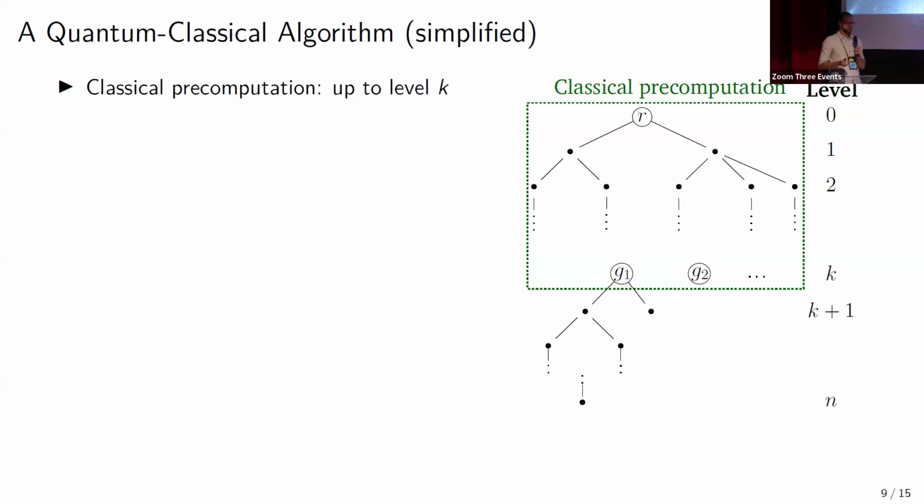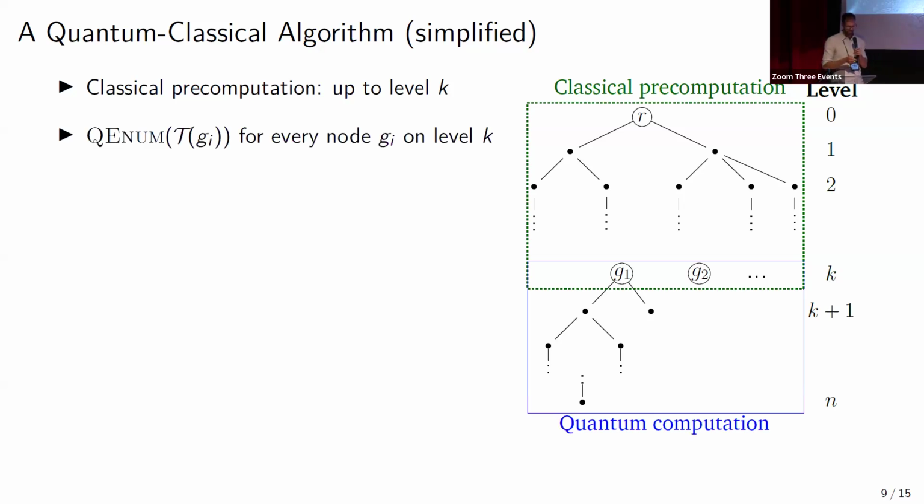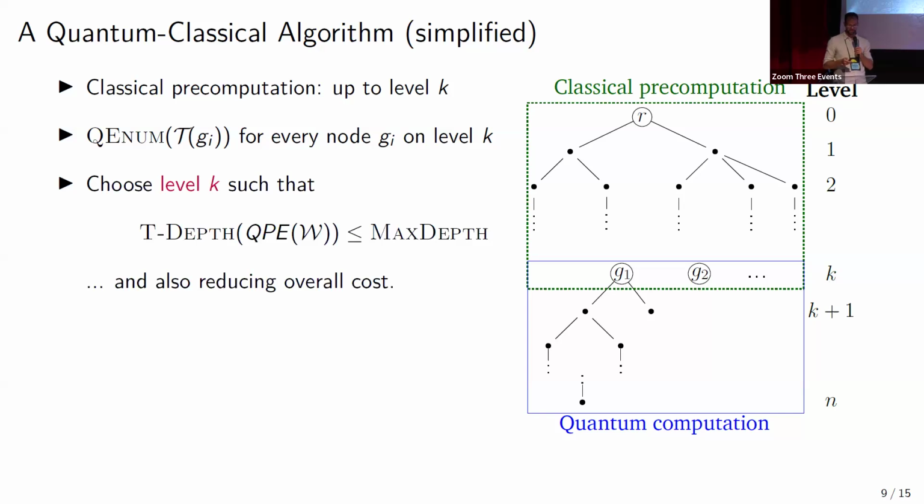We compute all the nodes of the tree, starting at the root up to some level k, and as soon as we reach level k, we compute quantum phase estimation for every node on level k, and every node has some kind of subtree associated with it. Then we can choose level k in such a way that the depth of the quantum phase estimation respects our max depth limit, and possibly also such that the overall cost is reduced.